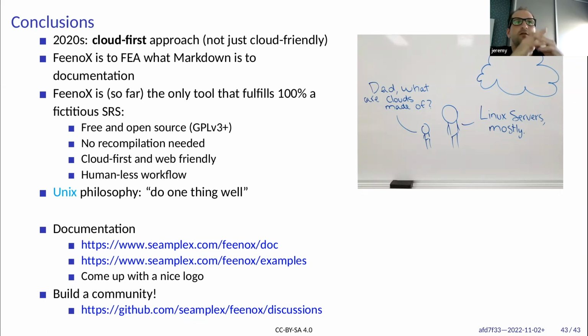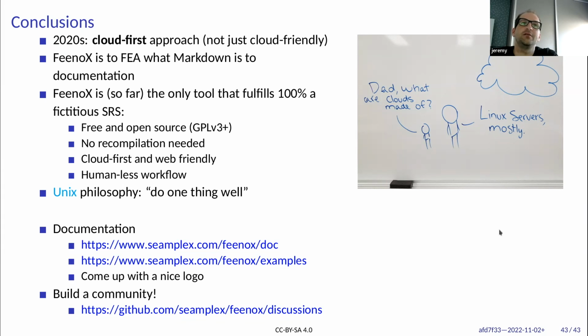The first requirement is that it has to be free and open source, cloud first, and it has to provide all the things that are required. I don't know any other tool that complies with that, about extensibility, flexibility, and that stuff. And well, again, Unix philosophy: do one thing, but do it well. In this case, what we want to do well is read a mesh and solve a problem.